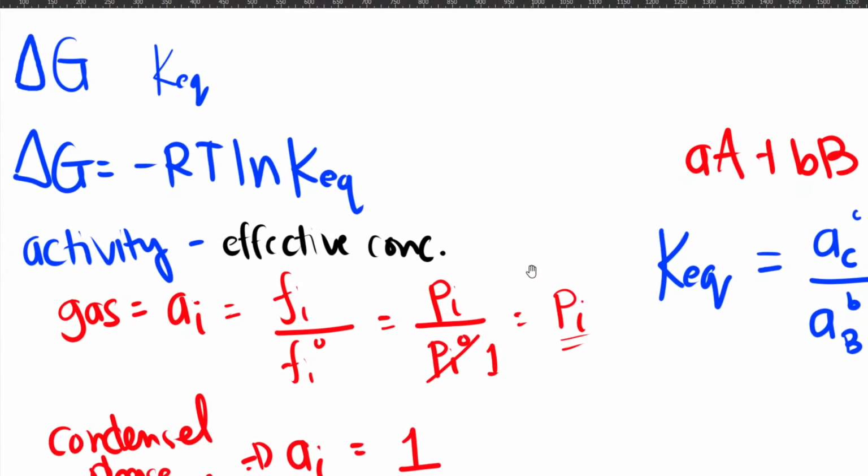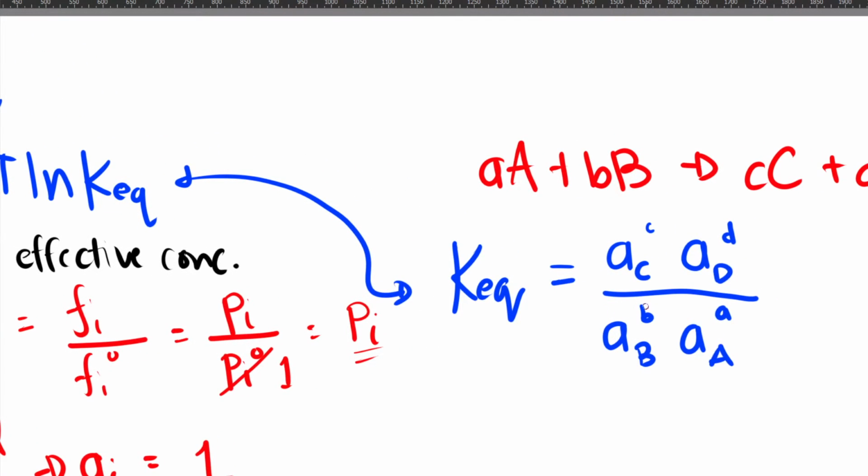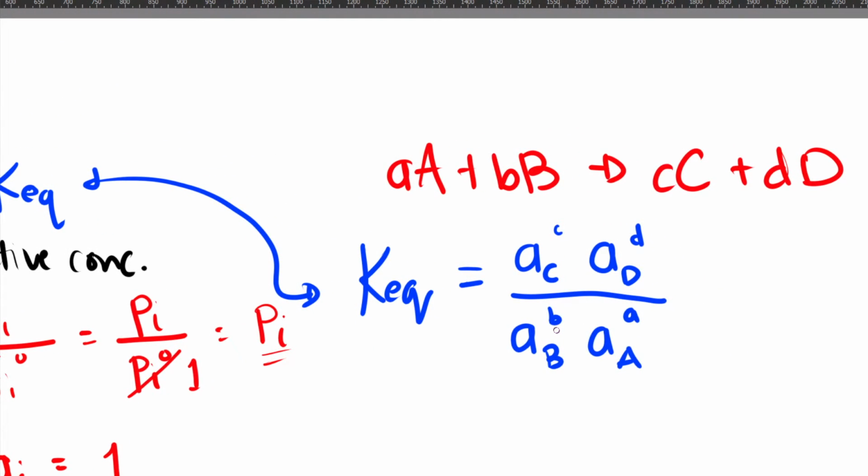So, delta G is equal to negative RT ln KEQ, where KEQ is equal to the products over reactants of activities natin. So, to appreciate this, let's try an example.